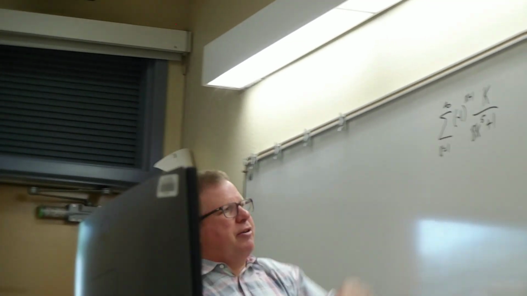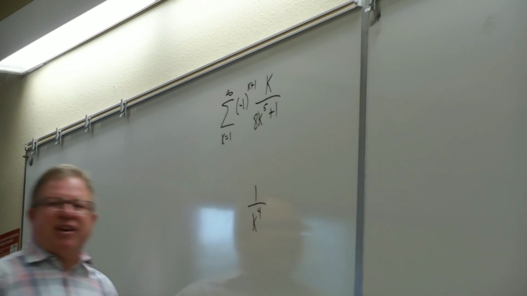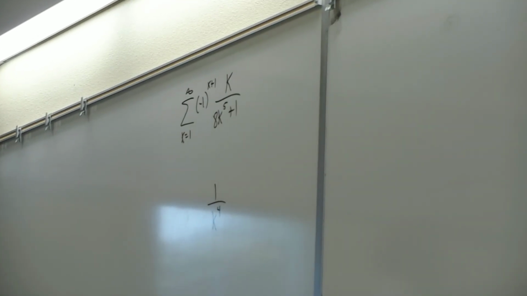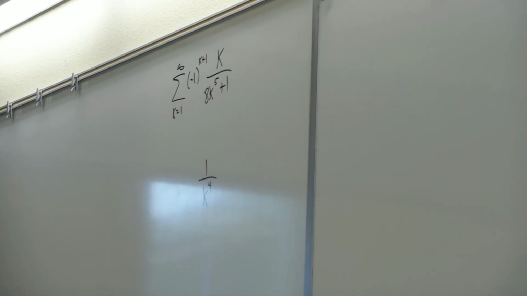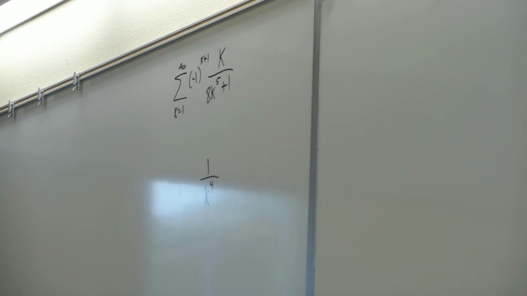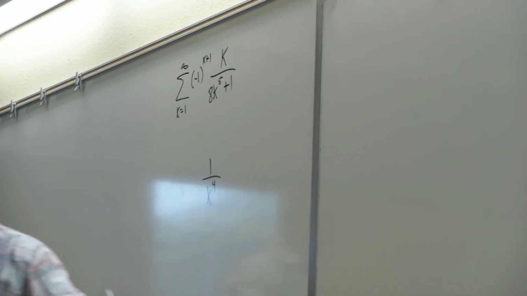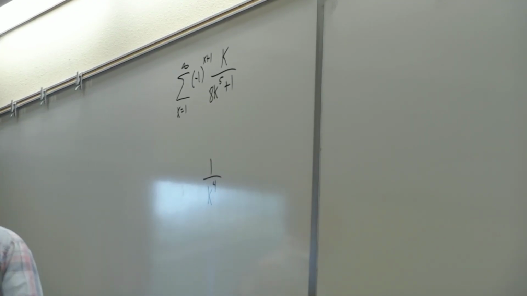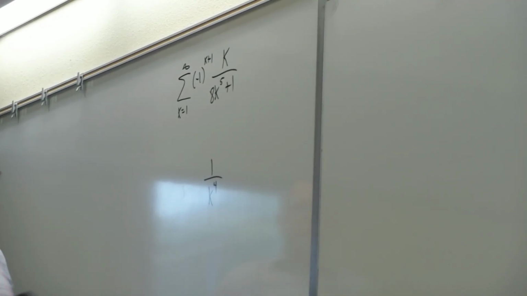There's a difference of 4, you got 5 in the denominator, it's going to behave like 1 over k to the 4th. What does the p-series say about that? Converges, right? The p-series would say, because 4 is greater than 1, okay? So our hunch is that this thing is going to converge, not diverge.